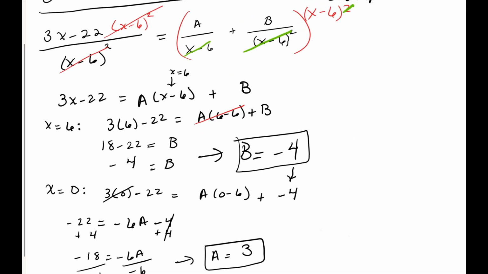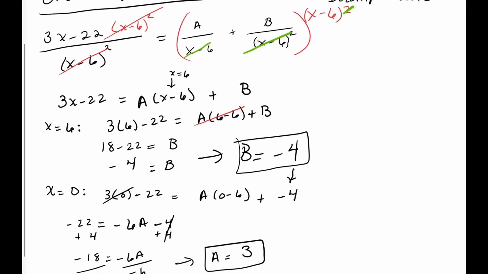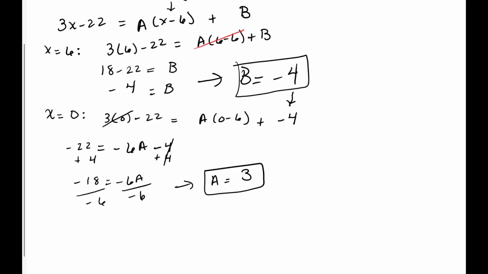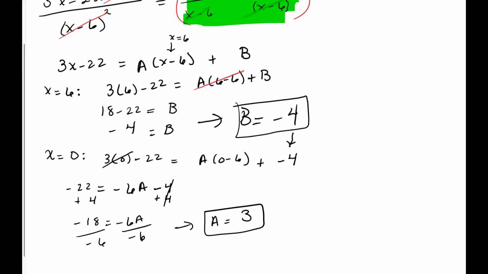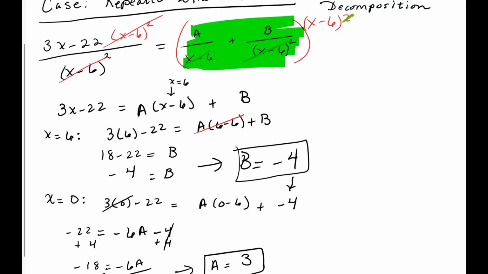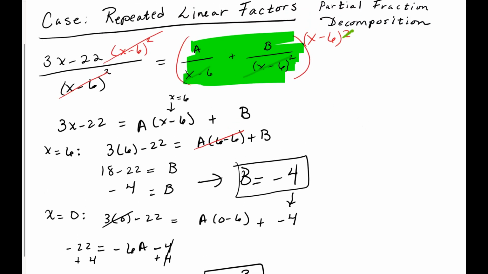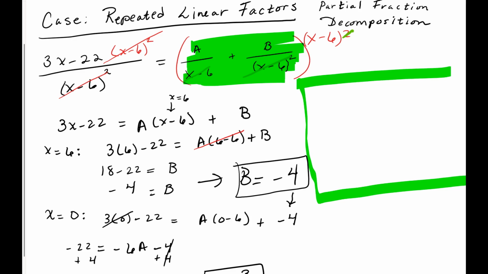Let's go back. We're looking way back over here at this decomposition. We're going to look at that, and then we're going to write out our partial fractions. And I suppose I can write them right in here for you. I think this will be a good spot. Box it in maybe right here.